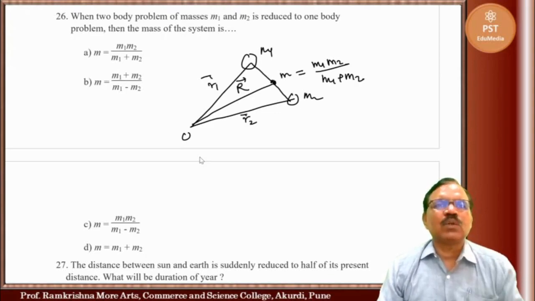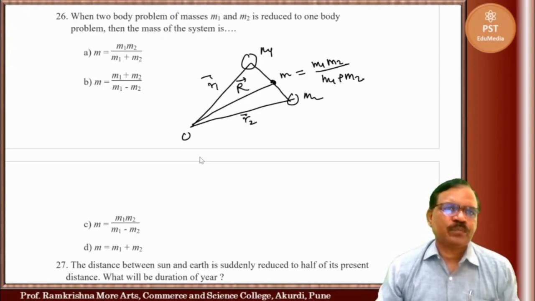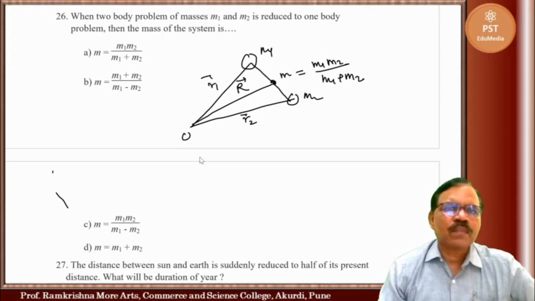This mass is also called reduced mass. So here the first one is correct, this is not correct, this is not correct, this is not correct.